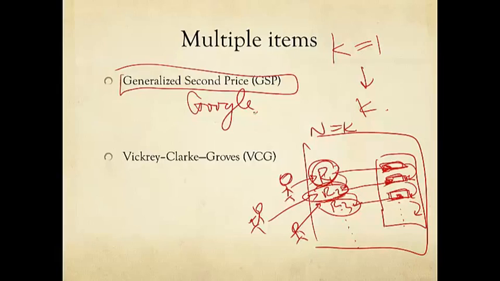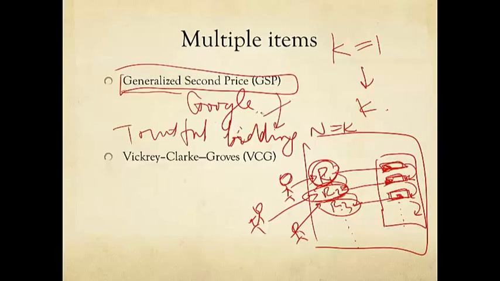Now the question is, does this actually generalize second price? As we just saw, second price has a wonderful property that it induces truthful bidding. So the question is, does GSP induce truthful bidding too in multiple item auctions?